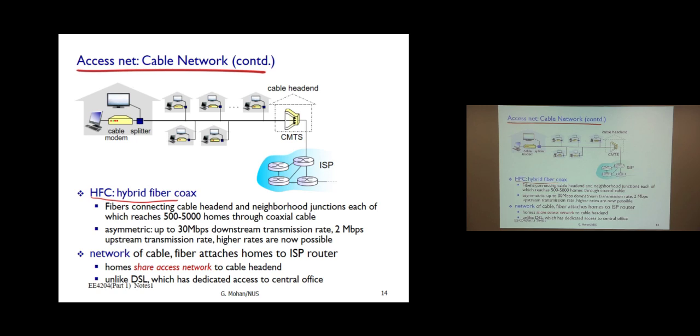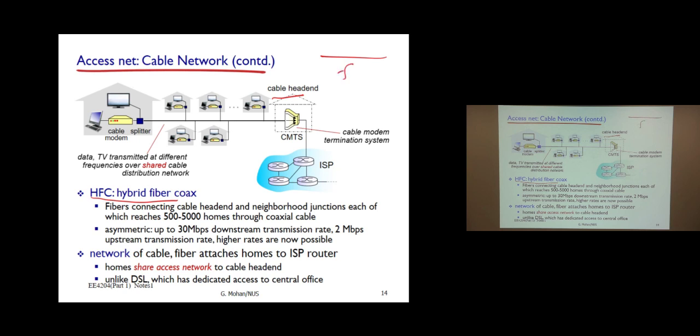So what's happening here is that from the so-called cable head end, there is a single fiber. There is only one fiber coming all along the way near your premise.